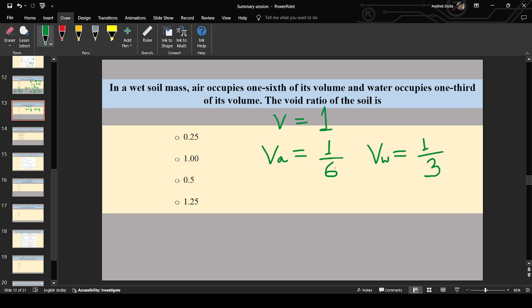So all the voids, the entire void in the soil, is filled up by either air or water. So the volume of void in the soil is equal to the volume of air plus the volume of water, that is equal to 1 by 6 plus 1 by 3.